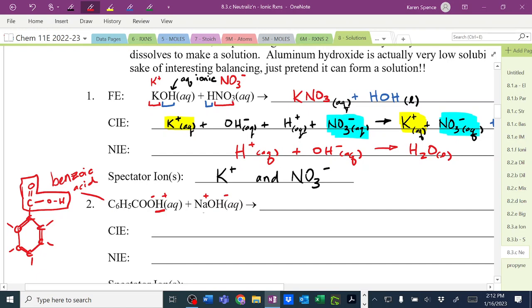So the sodium's going to get together with the C6H5COO. So that's going to become NaC6H5COO, aqueous. And then, of course, H and OH are going to get together and form water, HOH, which is liquid.